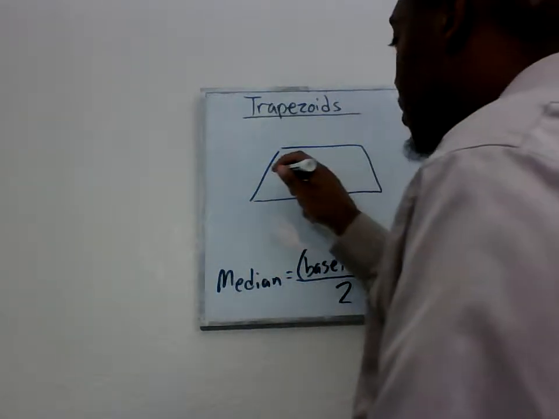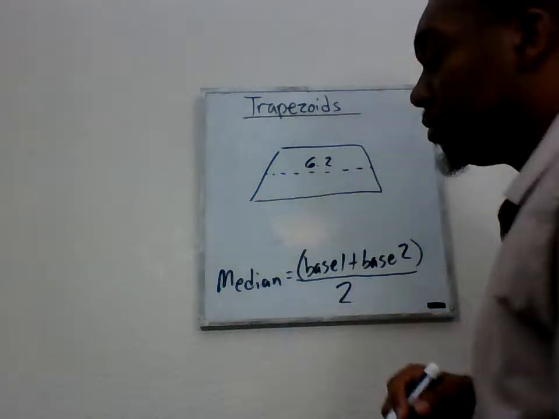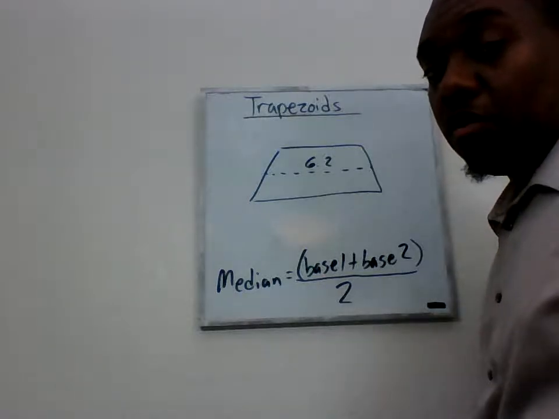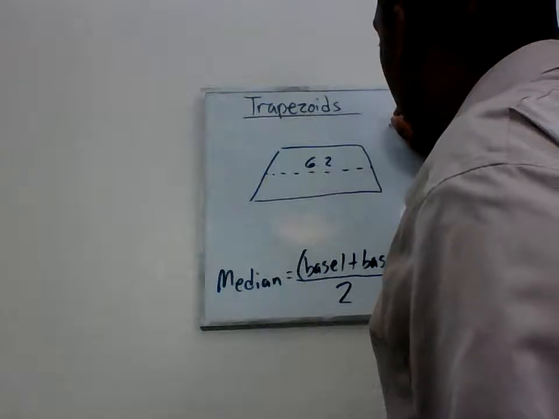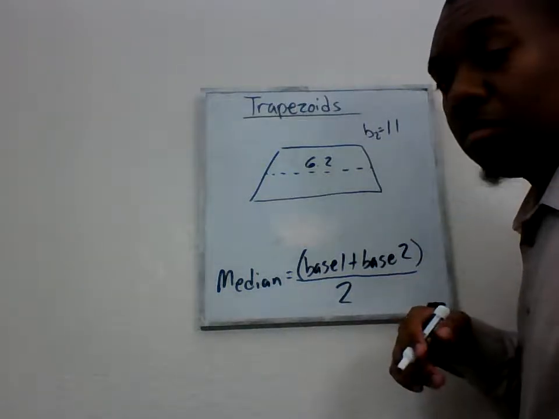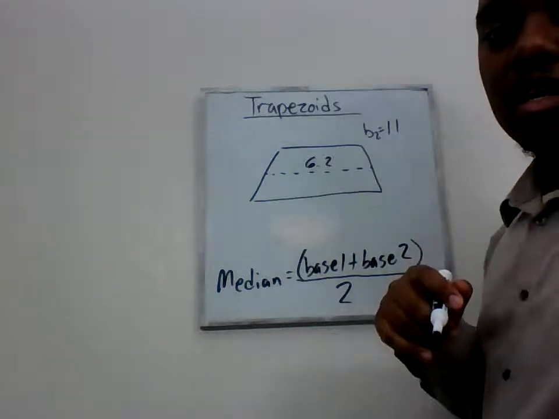And I know that the median, for instance, is 6.2. And I know that the base, or one of the bases, is 11. Okay? So I know the median is 6.2, and I know one of the bases is 11.